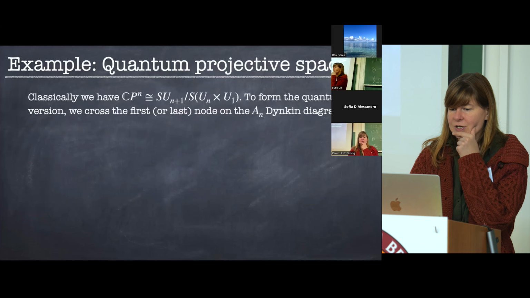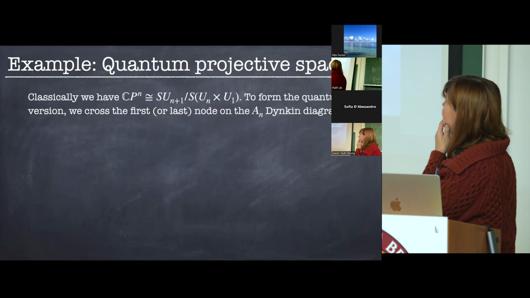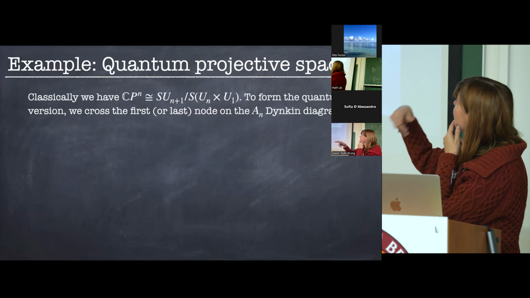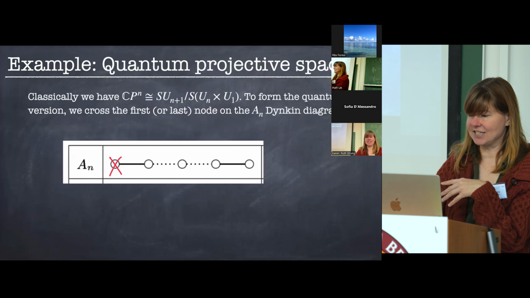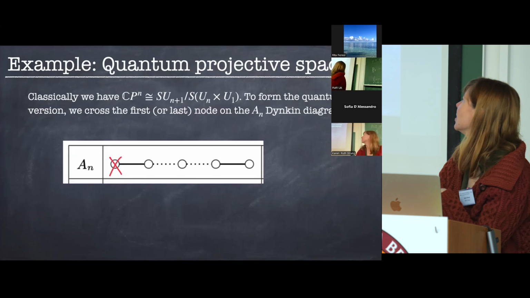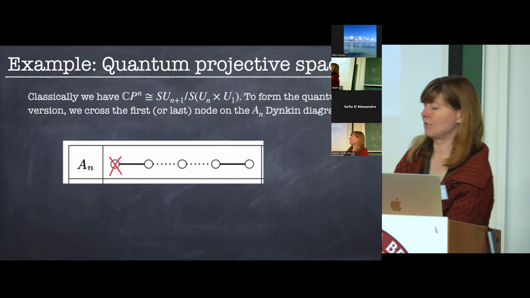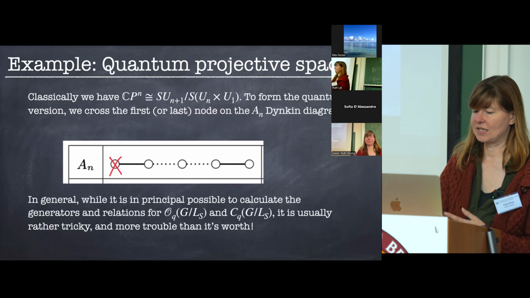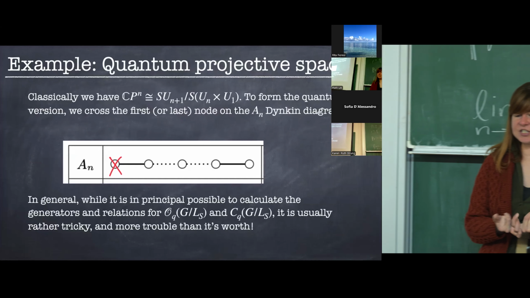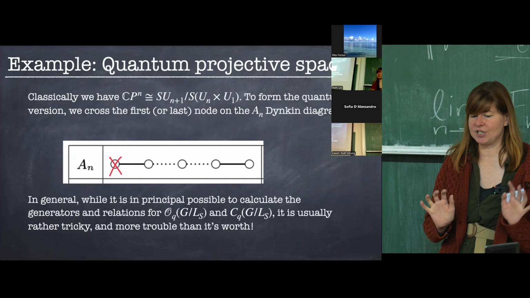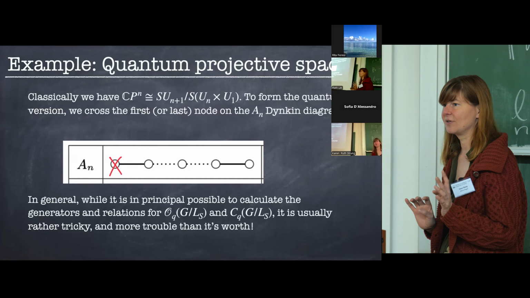So for example, quantum projective space, we can write it as this homogeneous space. For this quantum version, we cross out the first or last node on the A_N Dynkin diagram, and our set S is going to be the stuff that remains. In principle, we could calculate generators and relations for these guys, but it's usually very tricky and is much more trouble than it's worth.